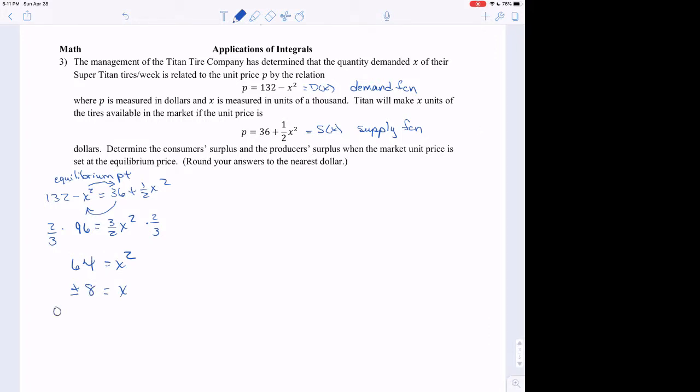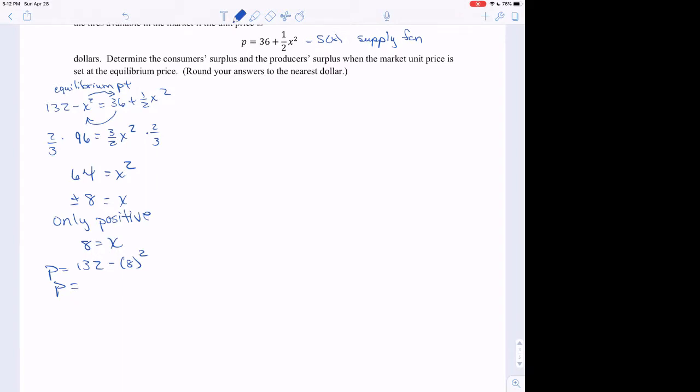But we only want positive because we're talking about quantity. So we have 8 equals x. So that tells us that p equals 132 minus 8 squared. So p equals 68. So we have the point x bar, p bar equals 8, 68.